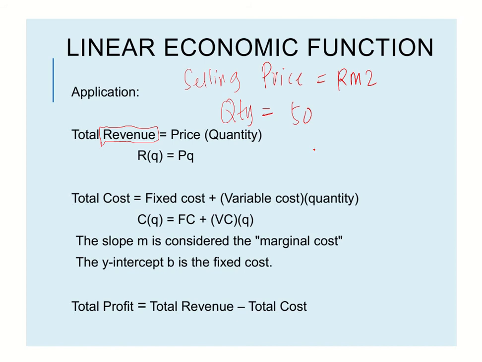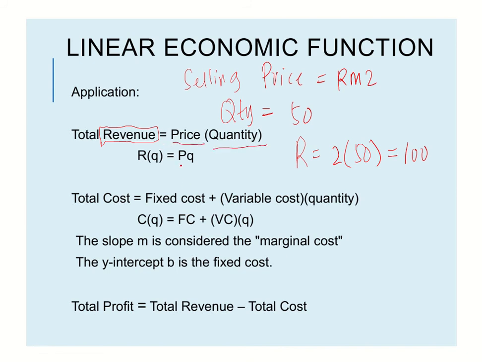So what is the revenue? How much have you collected? It will be the selling price 2 ringgit multiplied by 50, so therefore you have collected 100 ringgit. So to find the revenue, we take the price multiplied by the quantity.